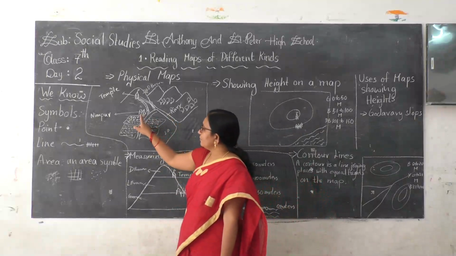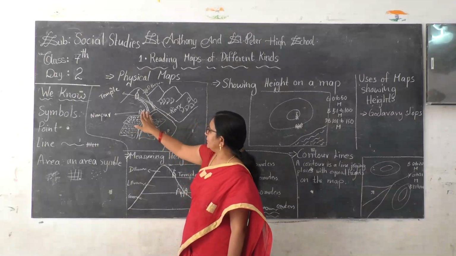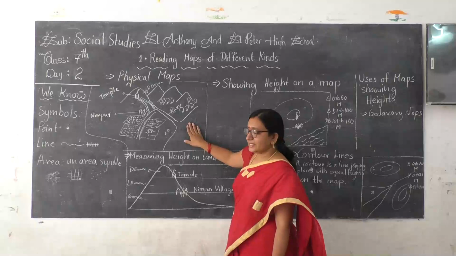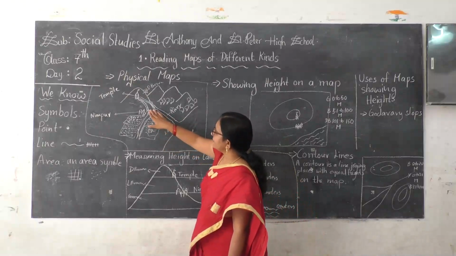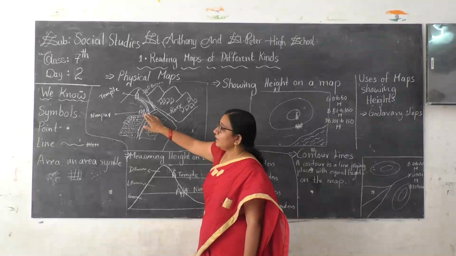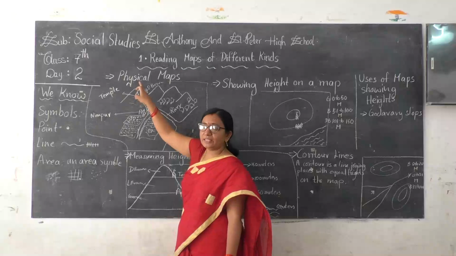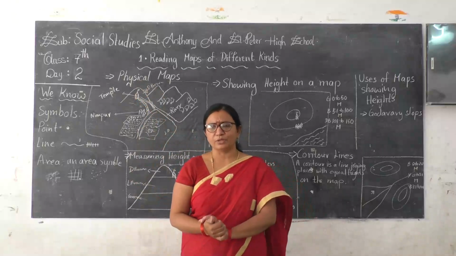You can observe the Nimpur village height from the sea level. This is considered as sea. The Nimpur village is high from here, and above that the temple is there, and above that the highest peak of the mountains can be found.